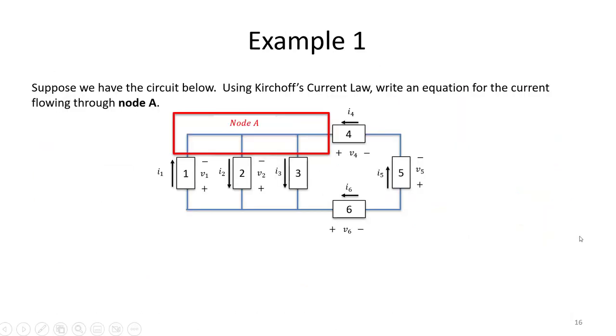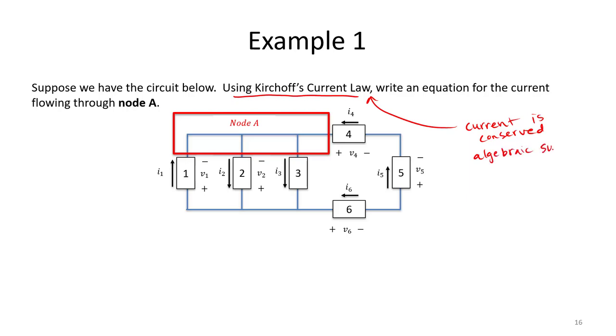So here I have a circuit, and my goal is to write an equation for the current flowing through node A. And so here, if I want to use Kirchhoff's current law, remember that means current is conserved. So the algebraic sum of my currents must equal 0.